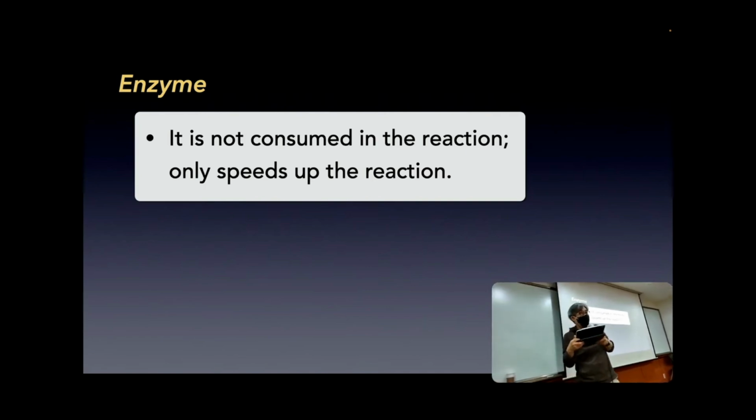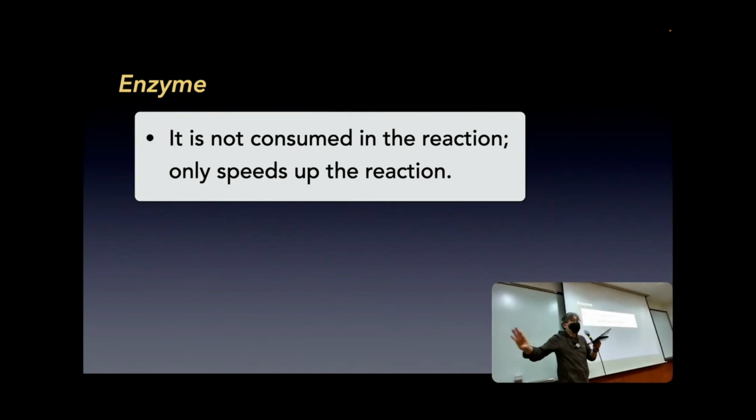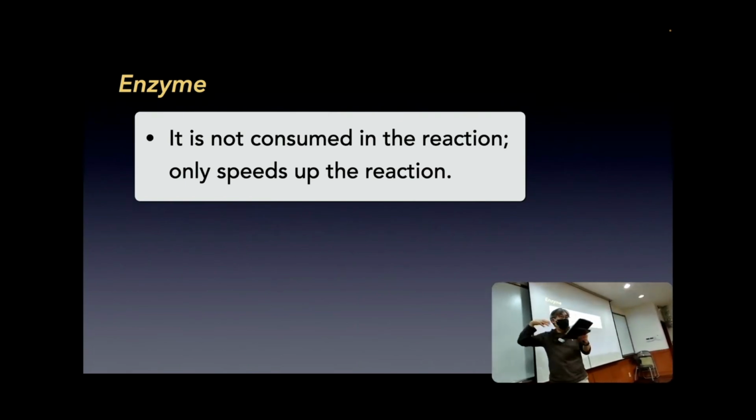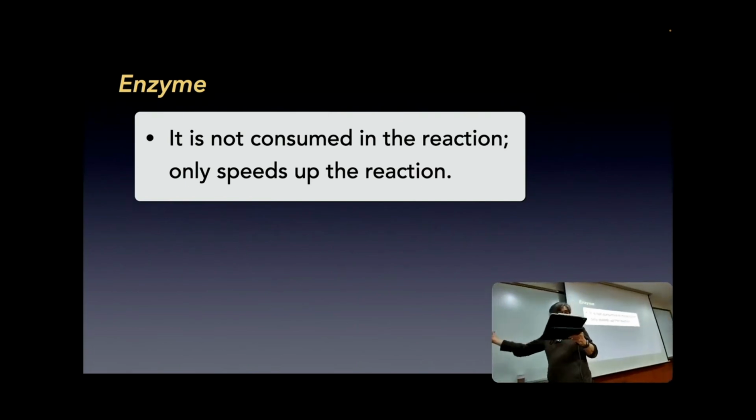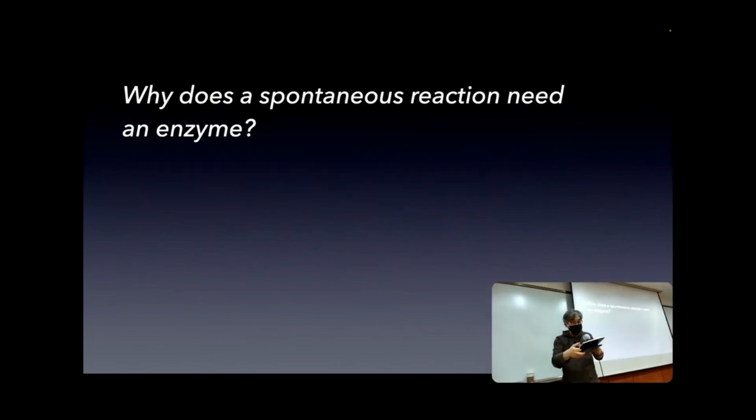Obviously, those two scientists won the Nobel Prize because of their work, because the fact that RNA can also act as an enzyme was such a big impact. But still, the majority of enzymes, the functions are provided by protein, because of these reasons.